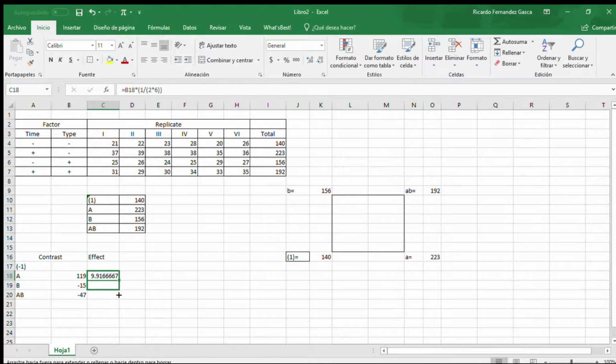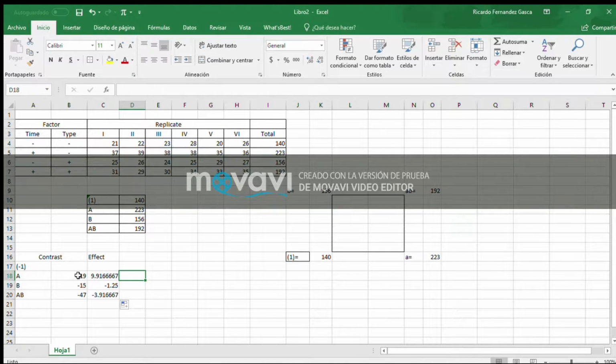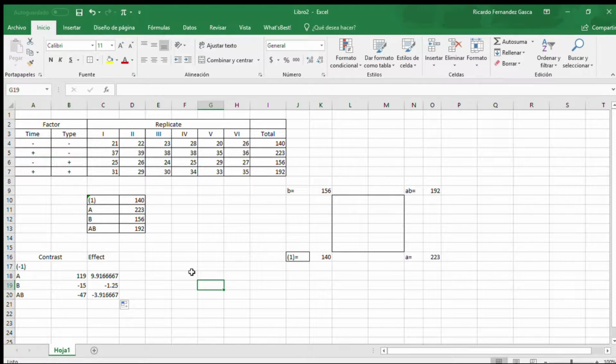So we have the effects. We use the contrast and the effects in order to then do the ANOVA, because as we can see, we have all the effects, and now we can do the ANOVA table.